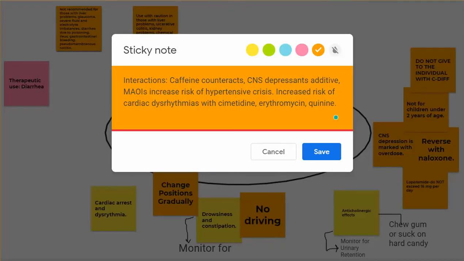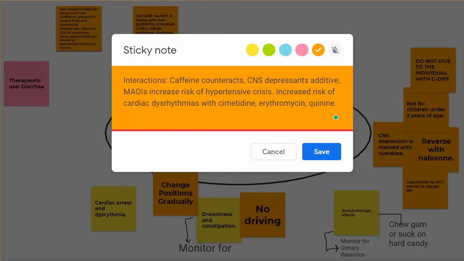Finally, there are several different interactions with this. So caffeine will counteract because caffeine actually contributes to increased peristalsis. So the caffeine will work against this medication. The CNS depressants have an additive effect with it in the fact that a lot of medications that are going to decrease the activity in the central nervous system, this also can add to that decrease in central nervous system activity.